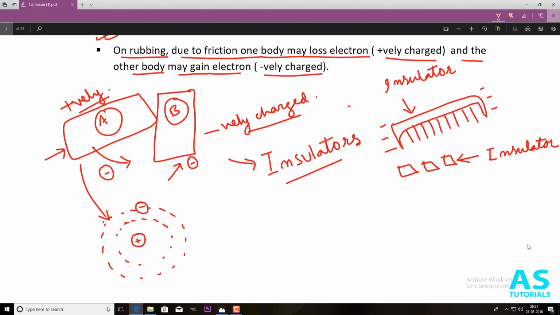It means, if this is the hair, electrons would be transferred from hair to comb. That's why the comb will be negatively charged. And when this negatively charged comb is brought near the pieces of paper, they will be attracted due to electrostatic induction. There is a separate video on this. I will be showing that also.